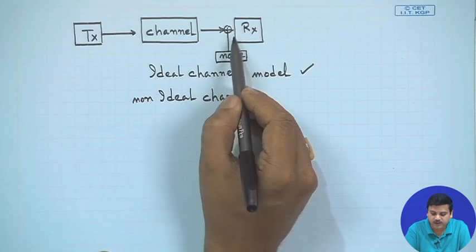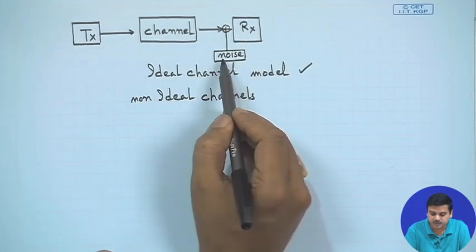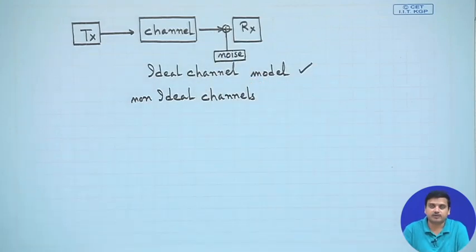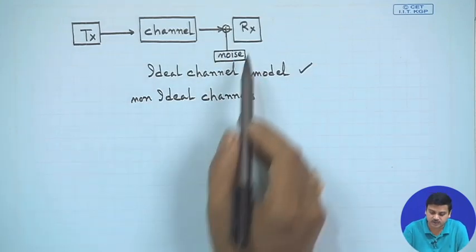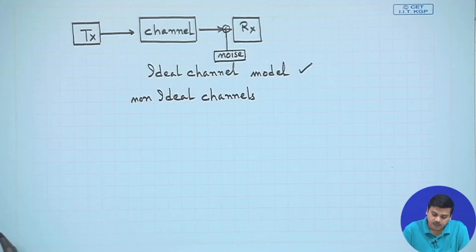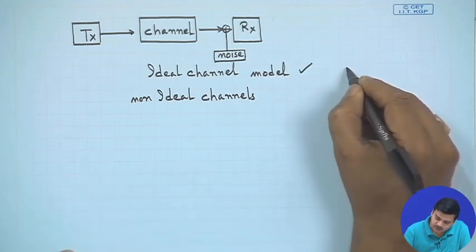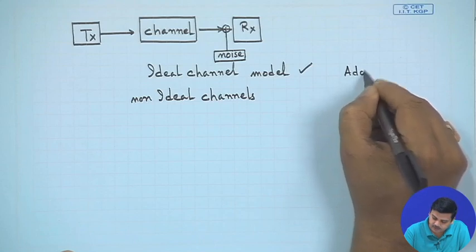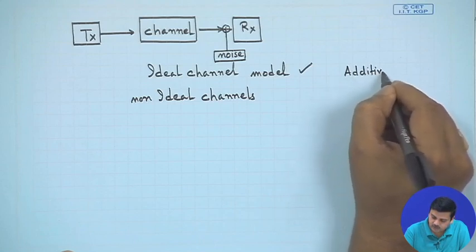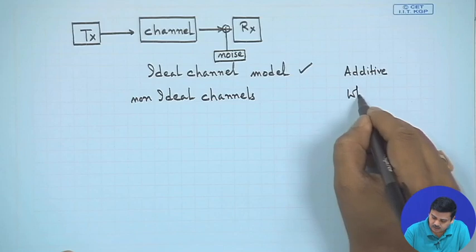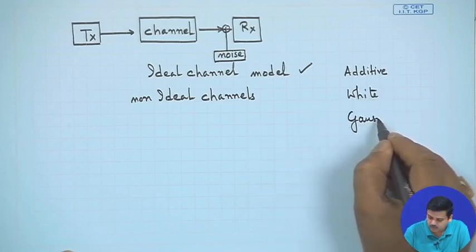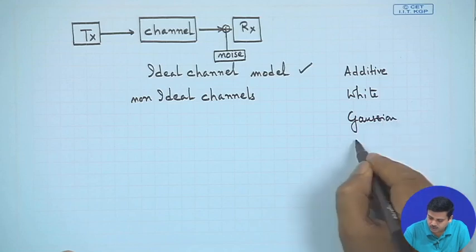So, all effective noise of the communication system in form of additive noise gets added here because of the amplifiers and all passive components that are present in the system. So, one of the simplest channels that one can look at is the additive white Gaussian noise channel.